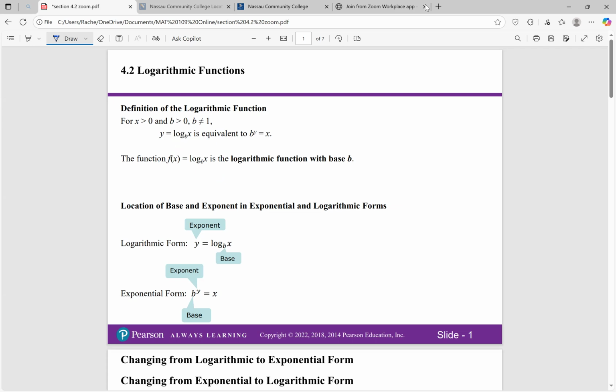All a log is, is an exponent. And I think once you realize that, it becomes easier to evaluate log statements. When a log is in logarithmic form, it looks like y equals log base b of x, where y is the exponent and b is the base.